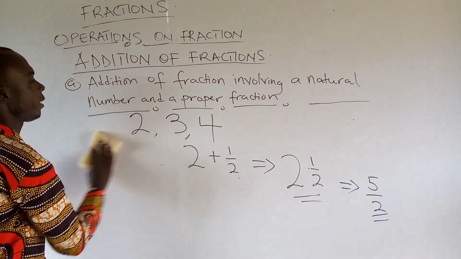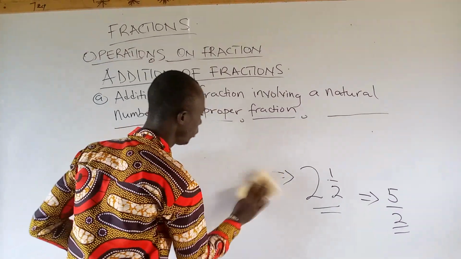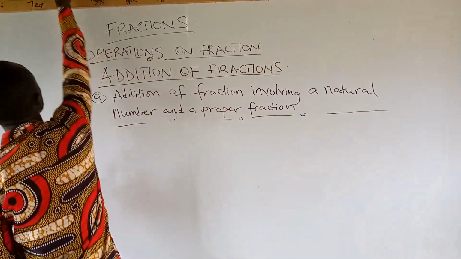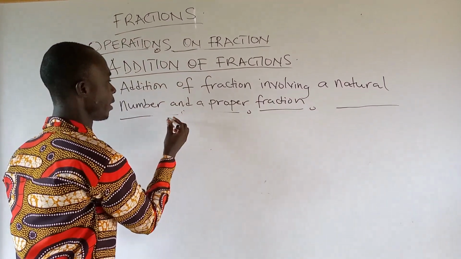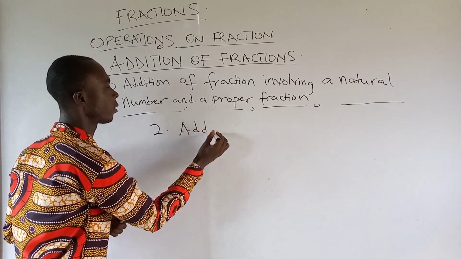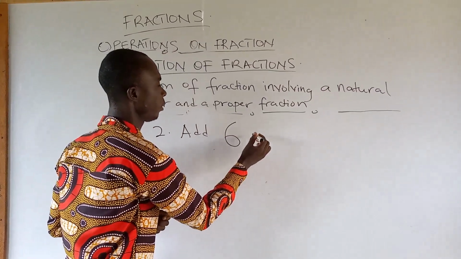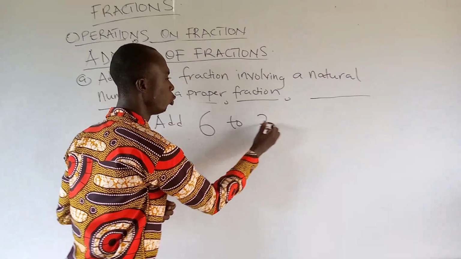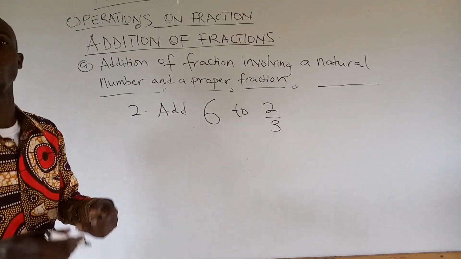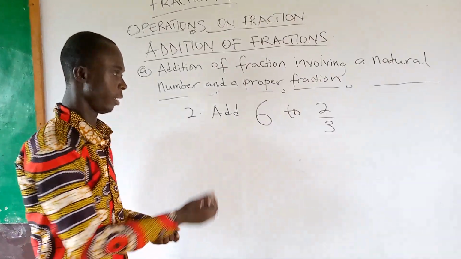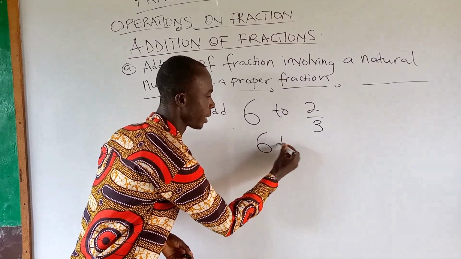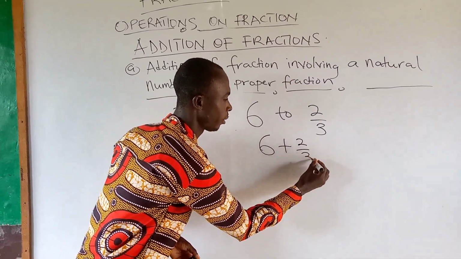Let's take the second example. Add 6 to 2 over 3. Add 6 to 2 over 3. It's a matter of you just writing the question as 6 plus 2 over 3.